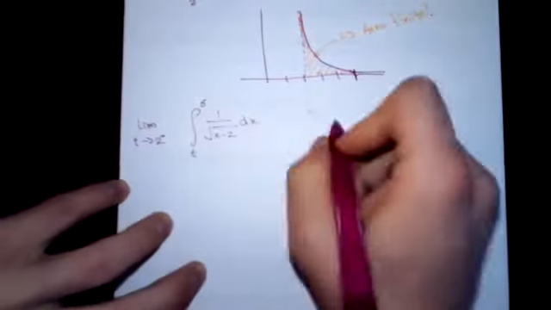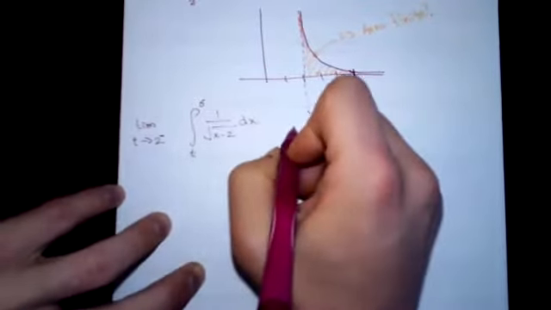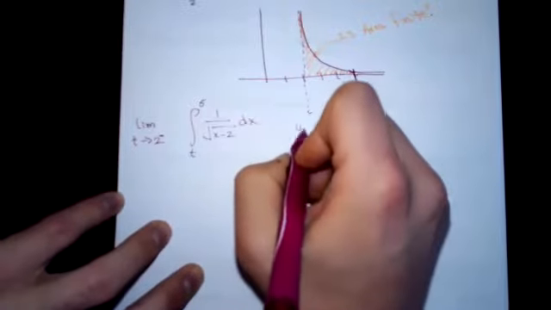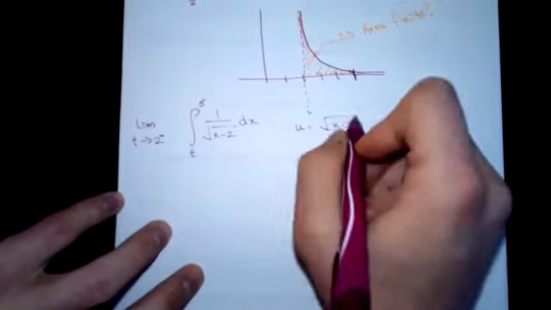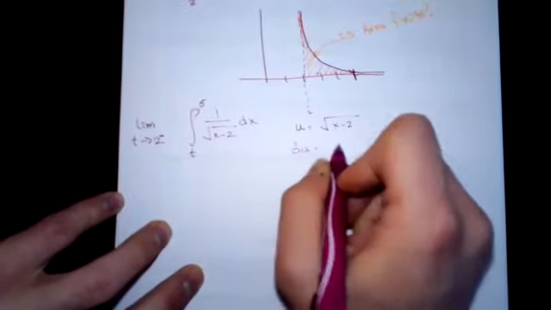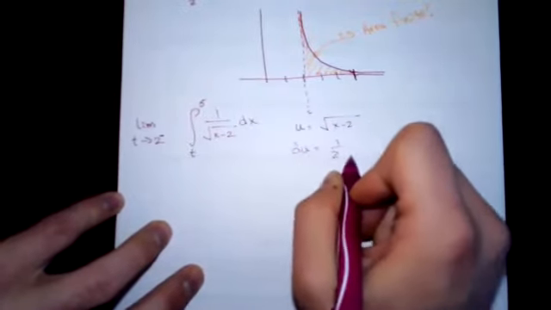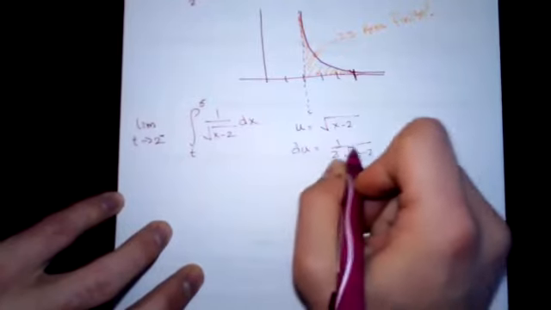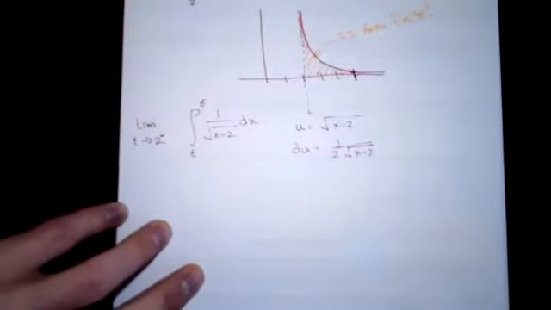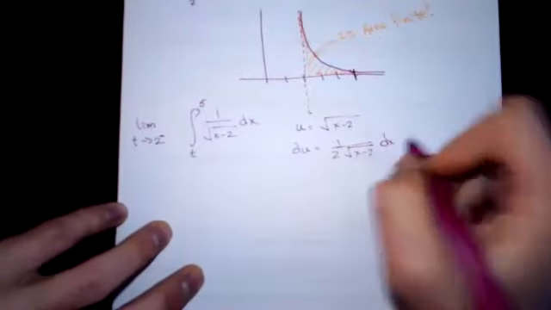Our integral of this, I'll go through all the steps for you guys. This is a u sub. It seemed like most people were pretty comfortable with this. We make our u square root of x minus 2. Then du is 1 over 2 square root of x minus 2 dx.